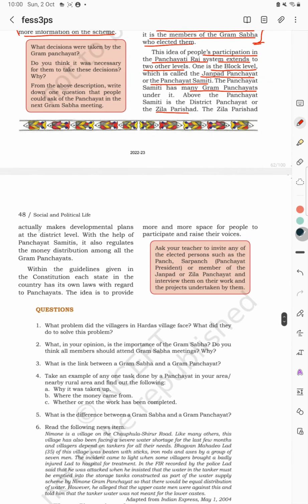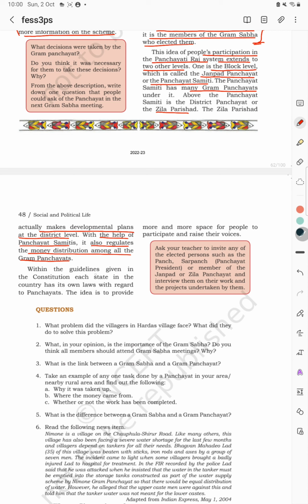The Zilla Parishad makes development plans at the district level with the help of Panchayat Samitis. It also regulates the money distribution among all the Gram Panchayats.